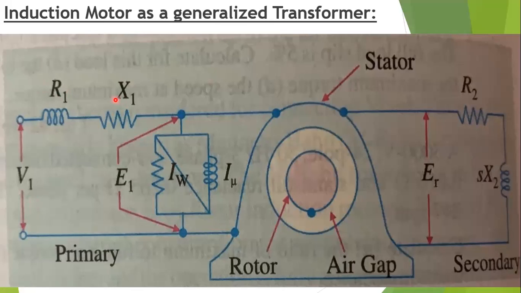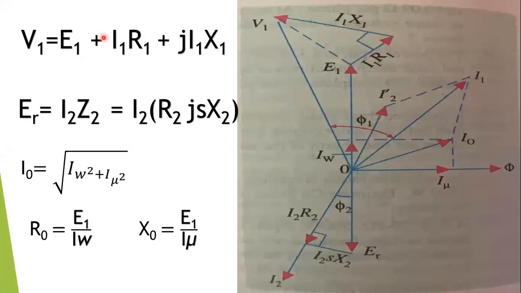But in vector form, V1 is equal to E1 plus I1 R1 plus j into I1 X1, right? So that is the equation I have represented here.